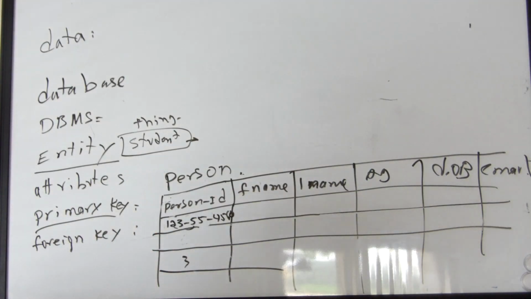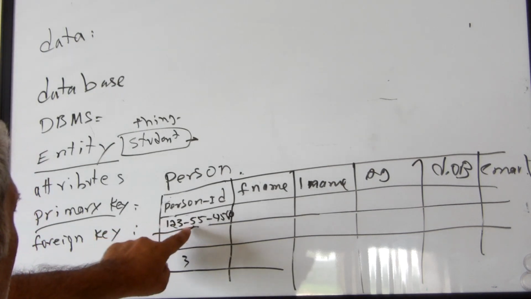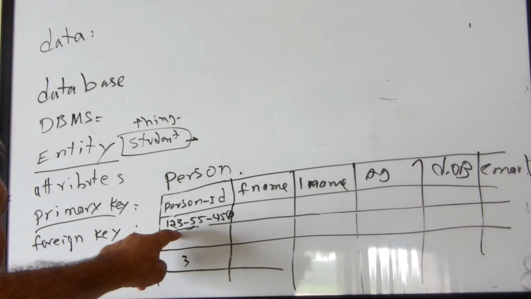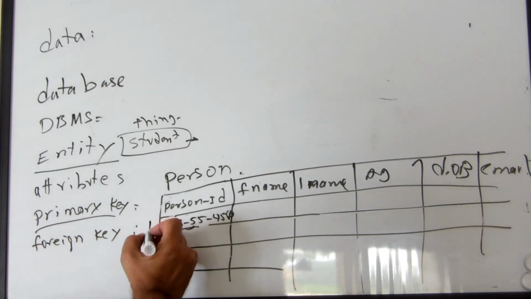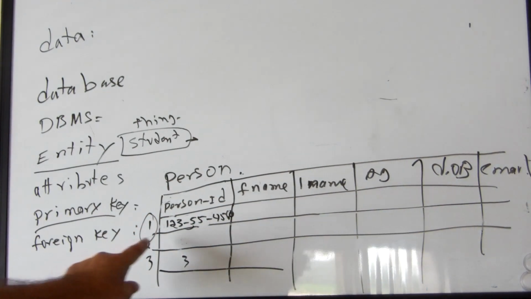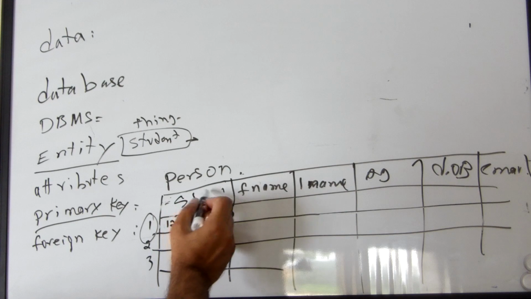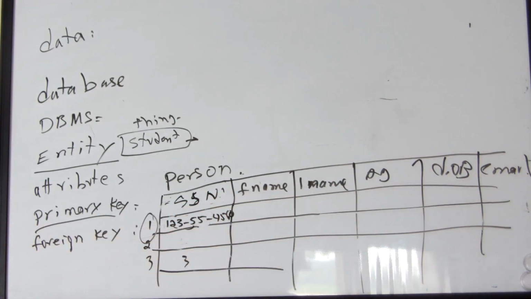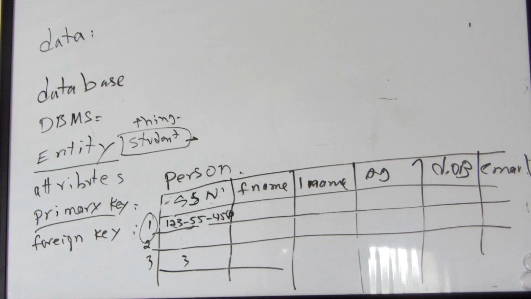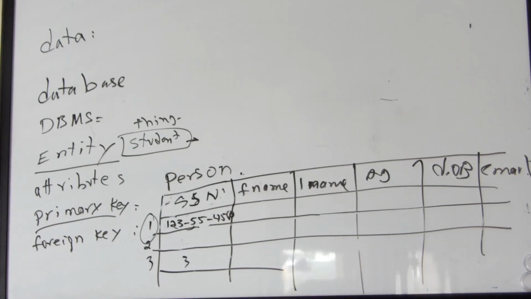So it's uniquely defined. If you want to delete a row later on, you say, I'm going to delete the row with person ID 1, like last time we said 1, 2, 3, 4. Or if this is Social Security, SSN, we delete the row with that Social Security number.